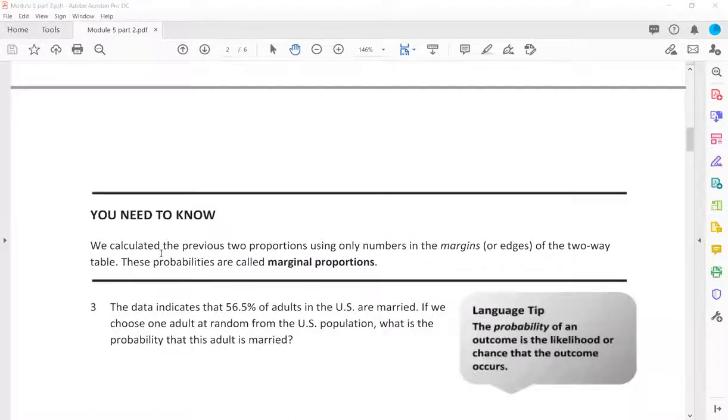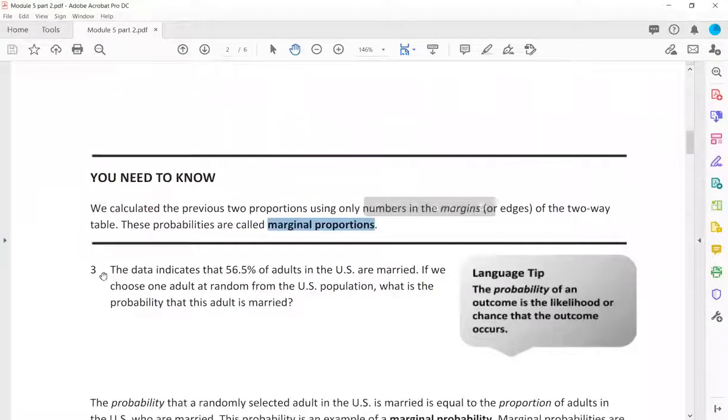We calculated the previous two proportions using only numbers in the margins or edges of the two-way table. These probabilities are called marginal proportions. The data indicates that 56.5 or almost 57% of adults in the United States are married.